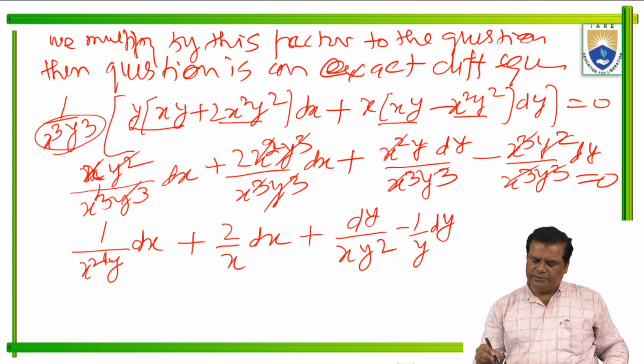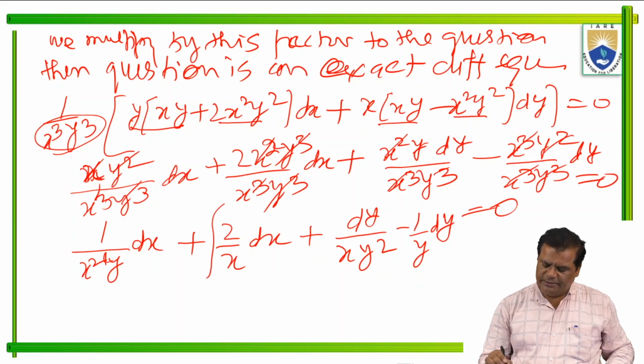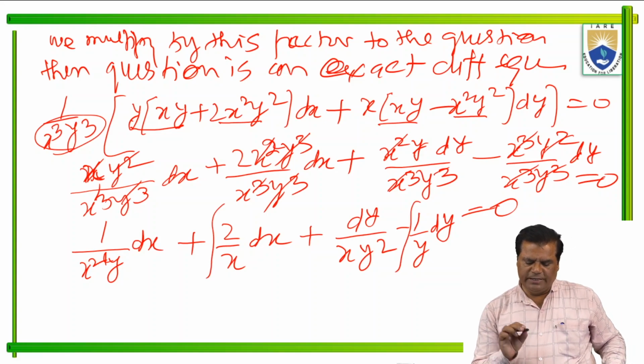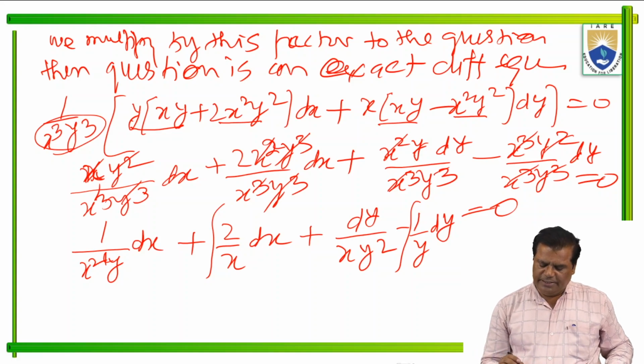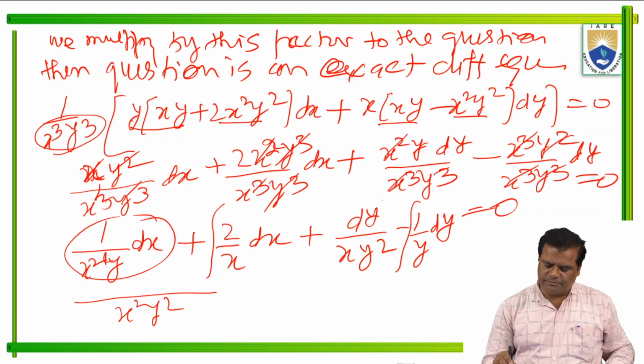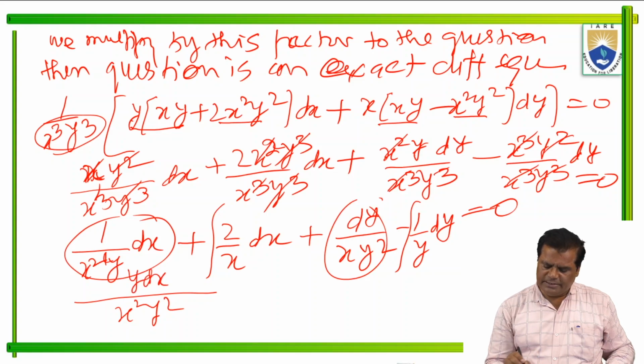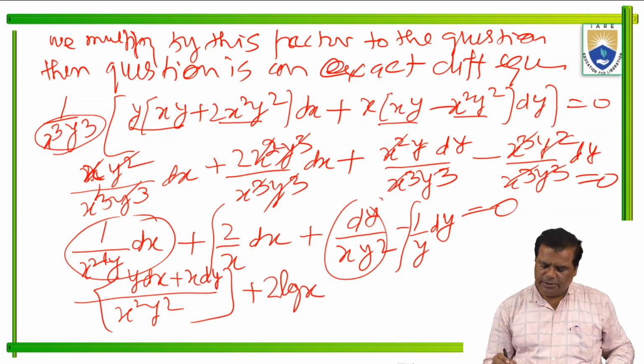Okay. This equals 0. So these terms we integrate. The 2 comes only in one place. So x square y square is the LCM of the first and third terms, giving y dx plus x dy, and then 2 log x minus log y equal to c.